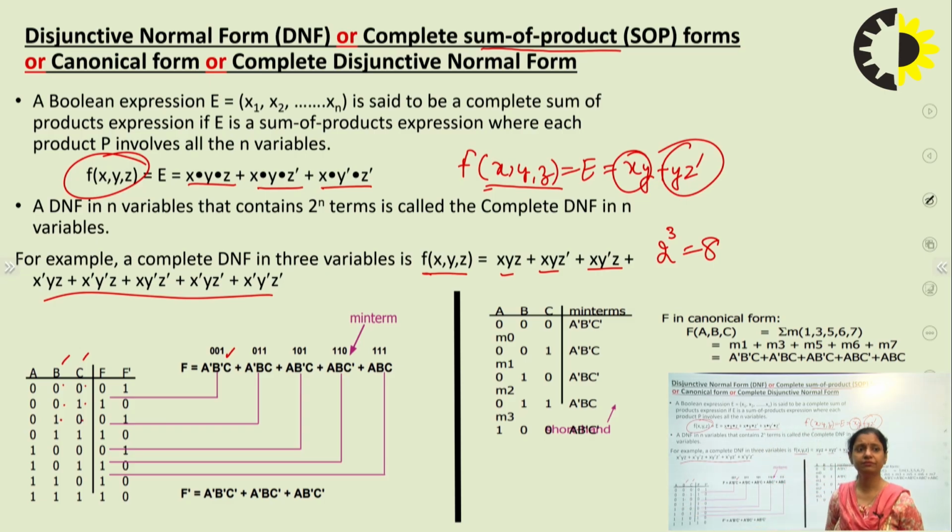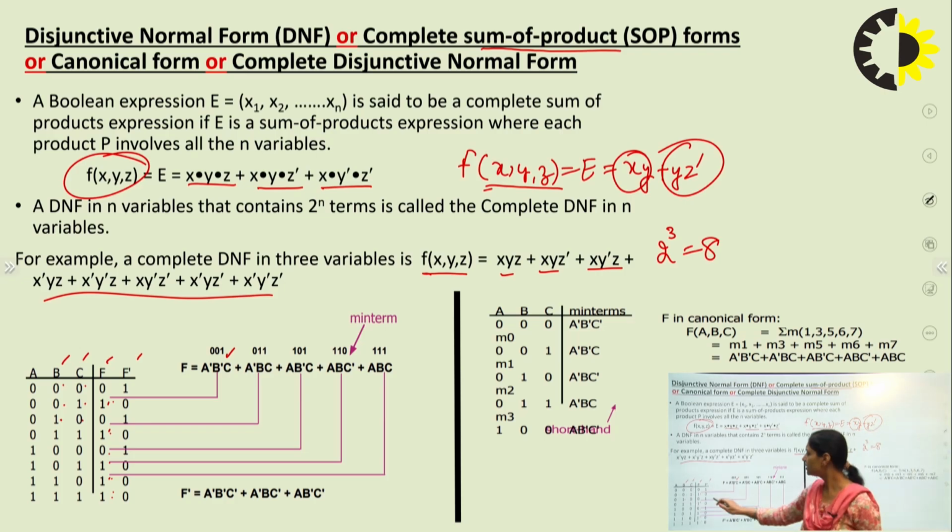Now, whenever we are finding the SOP form, we have certain values for F. This F says wherever we have the value as 1, because it is Boolean algebra, again it will have either the 0 or the 1 value. So wherever the value of F is 1, we'll consider them as the sum of the minterms.